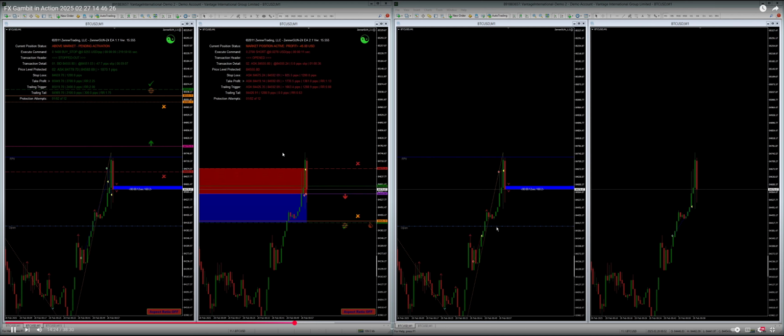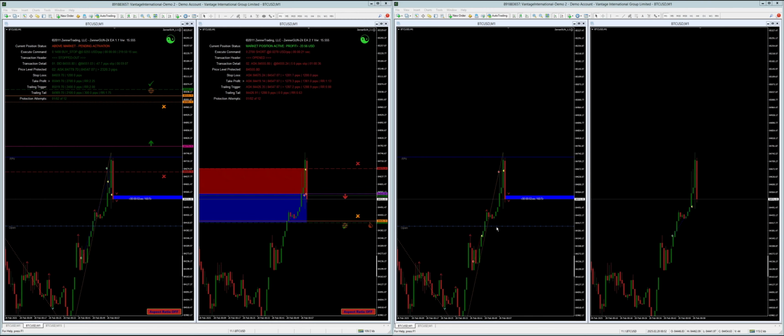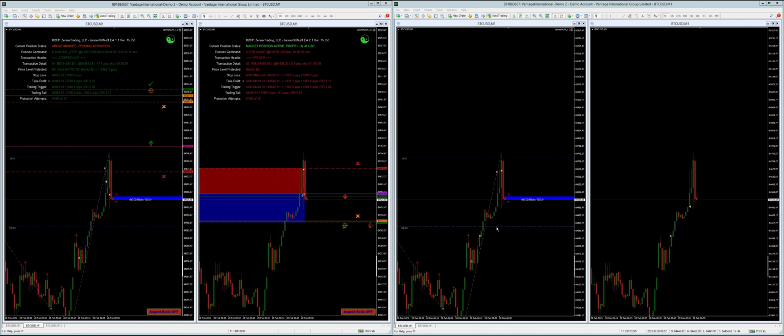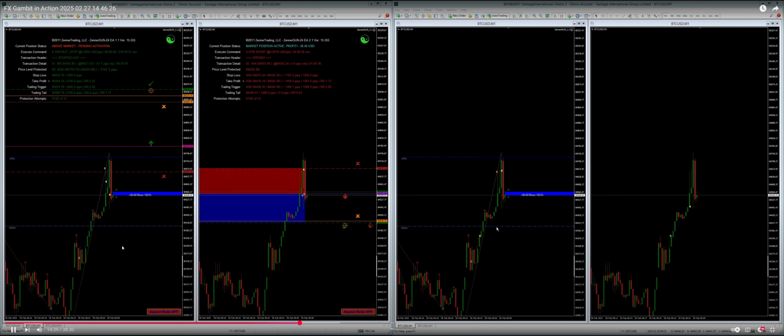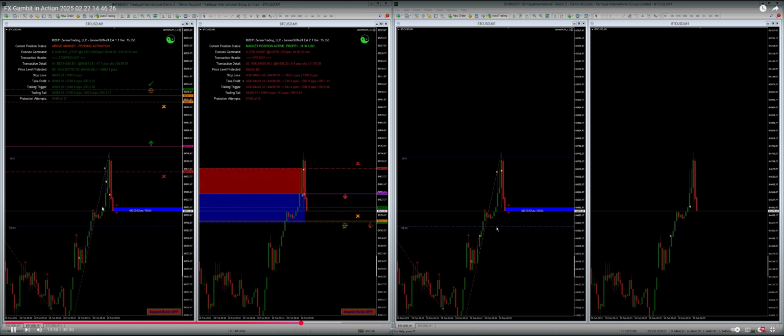Now, coming back to the long side on the left, what we have here is for a second time, we have the slave opening a short position on the downside, trying to compensate the loss that the long side has generated.